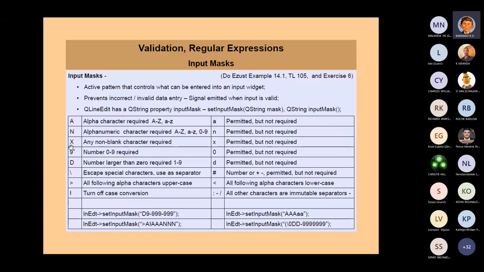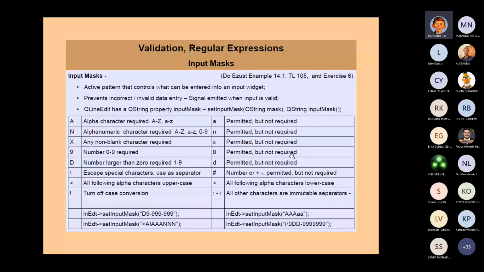Then a capital X is any non-blank character required, so there has to be some kind of input. The lowercase x means that any non-blank character is permitted, but it's not required, it's optional. Then the digit 9 means a number or a digit 0 to 9 is required, whereas a 0 means that it's permitted but not required.